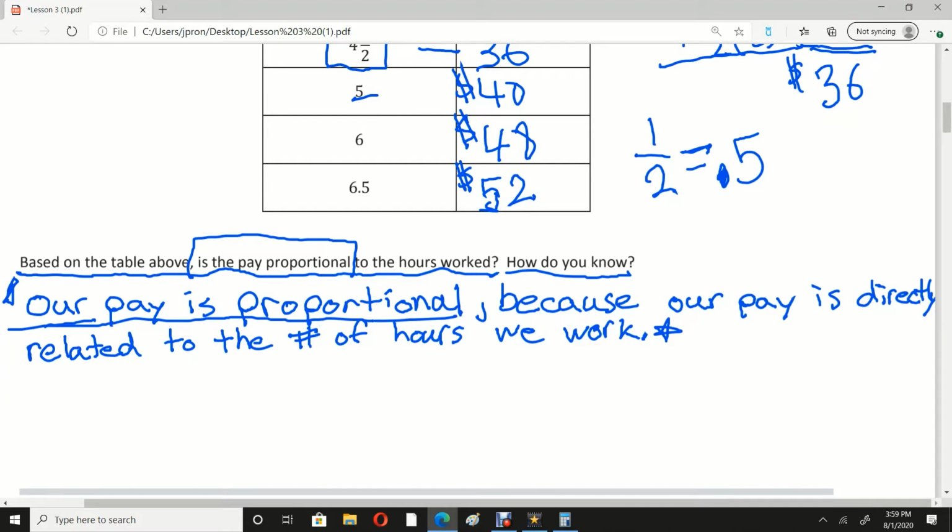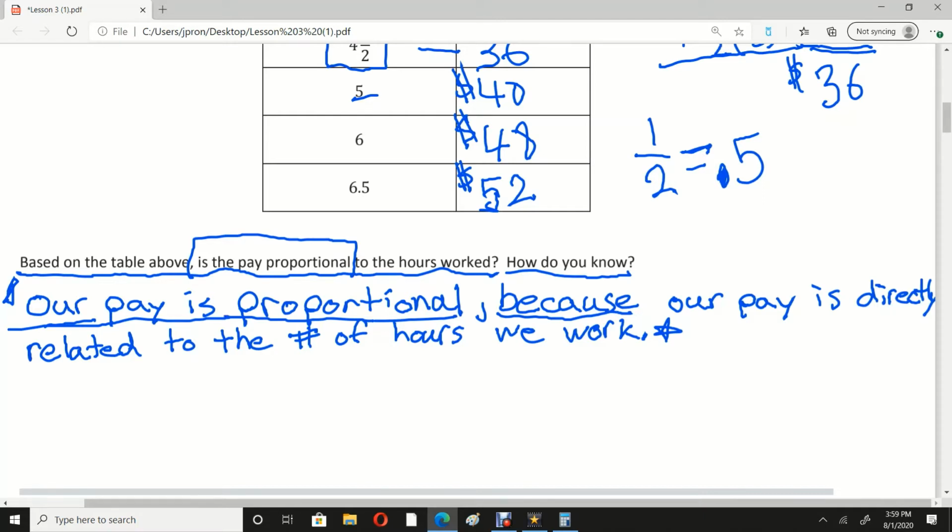Our pay is proportional because, and if you're in ELA, your teacher may tell you that because is a redundant conjunction, but that's fine, because our pay is directly related to the number of hours we worked. So I explained my thinking in complete thoughts.